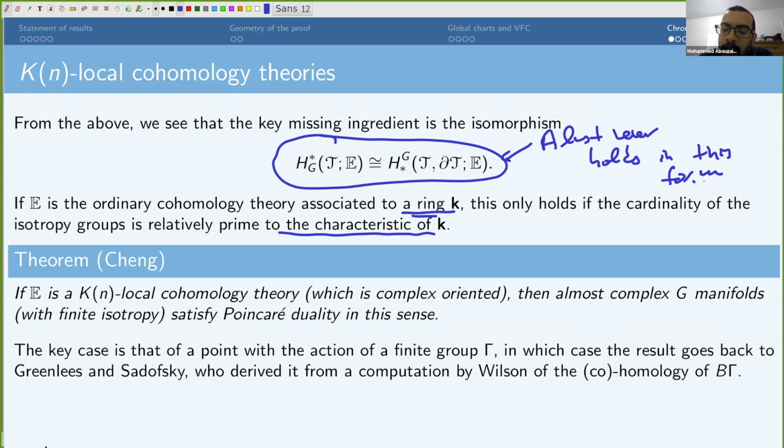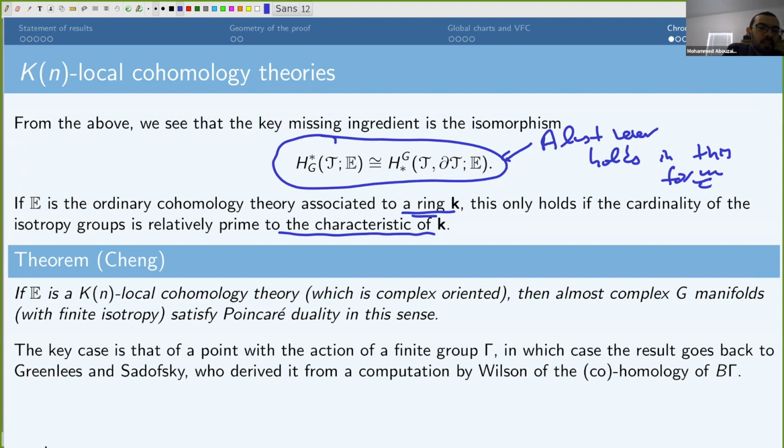And this is why we have some additional complexity in the paper. We could actually work with G-equivariant bordism, but anyway, we cannot work with ordinary homology theories directly, like complex cobordism or integral homology. We can't do that directly.